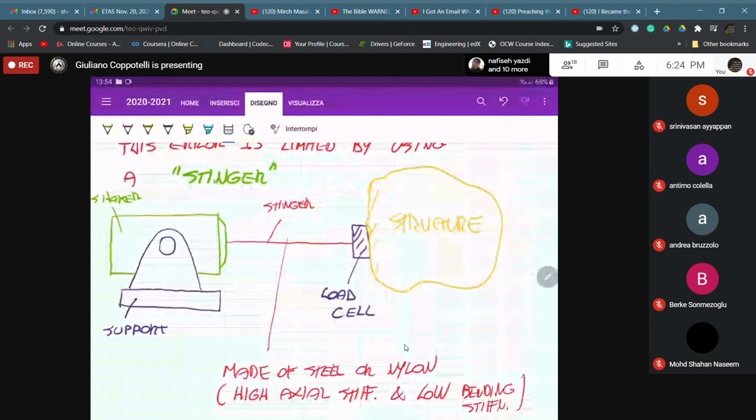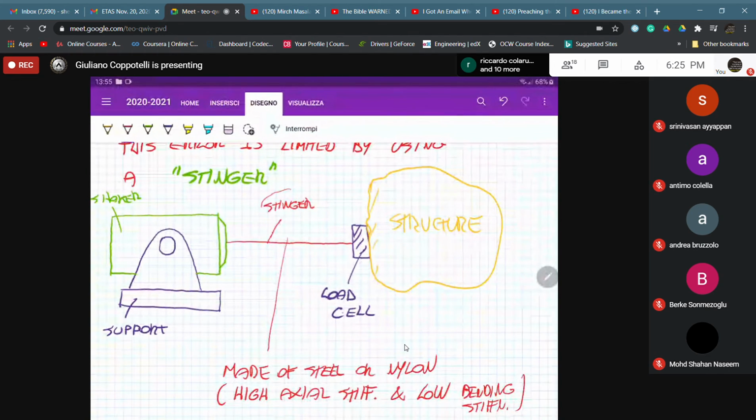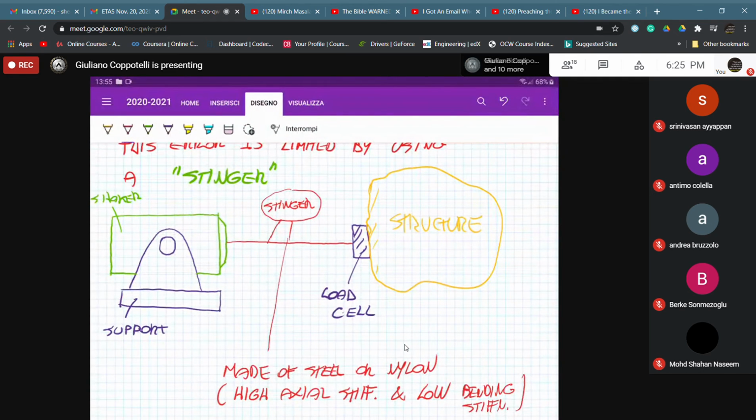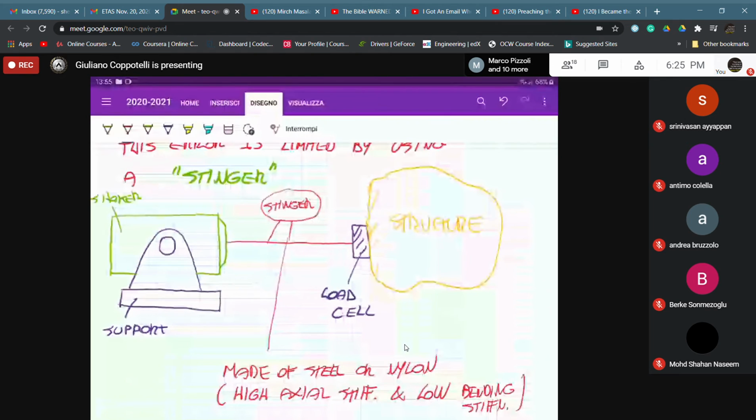Because the effect of the stinger is just to consider the excitation direction that is acting in the highest axial stiffness direction with respect to the lower one, because they are not having any introduction, any control to that. So that is typical of your shaker system.